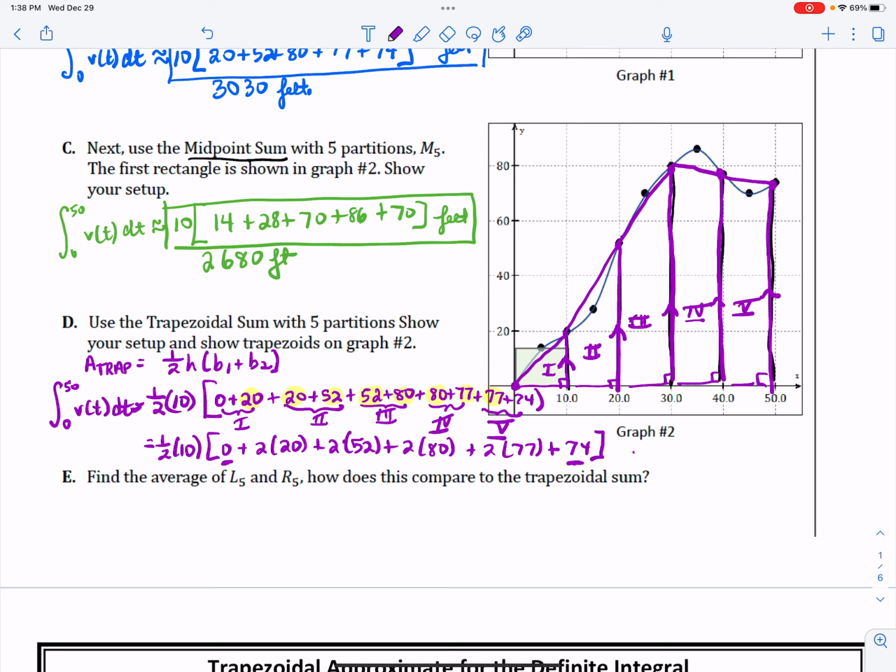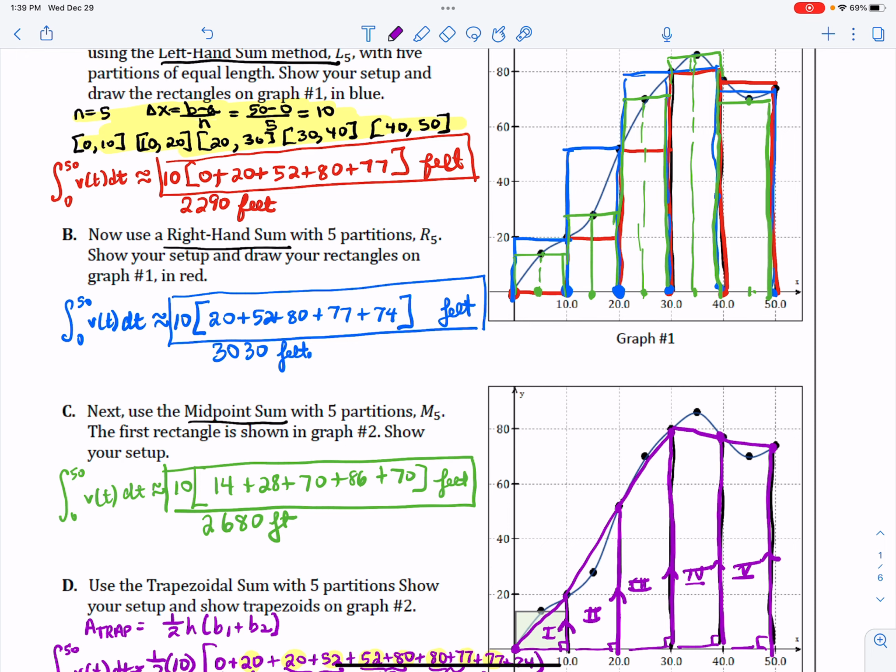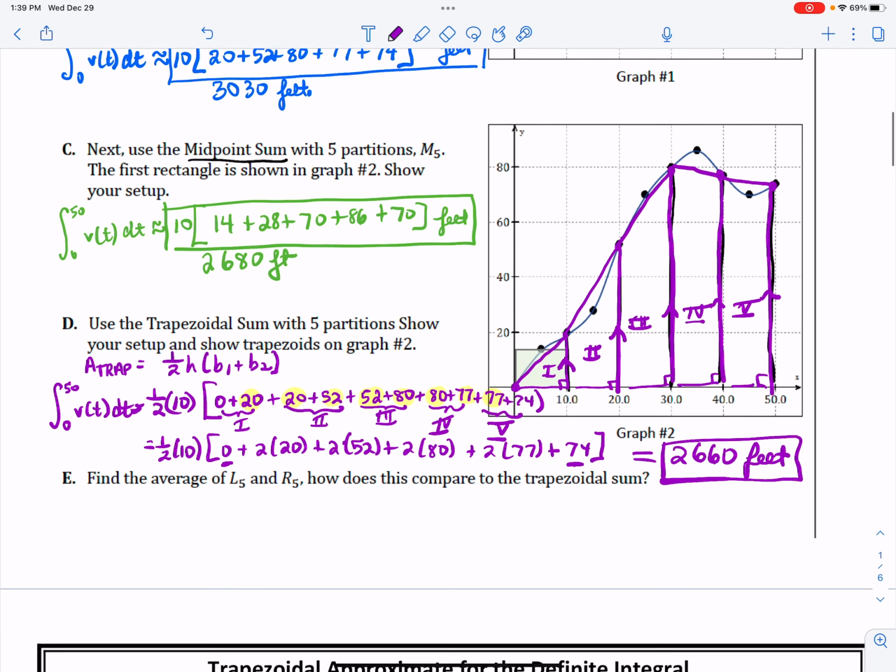And the answer there is 2,660 feet. And if we compare midpoint, left, right RAM and trapezoidal rule, we notice that the trapezoidal rule is probably more efficient than midpoint RAM, slightly more accurate in this case.